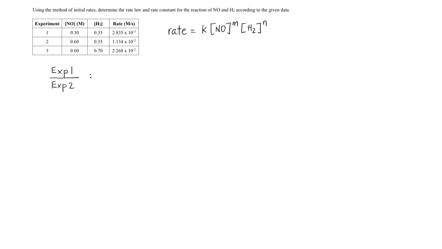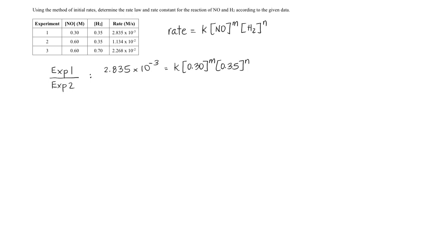So for experiment 1, the rate is 2.835 times 10 to the minus 3, and that will equal some value of k times the concentration of NO, which is 0.30, raised to the m power, times the concentration of H2, 0.35, raised to the n power.